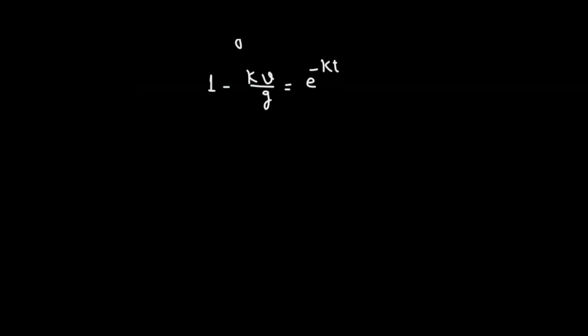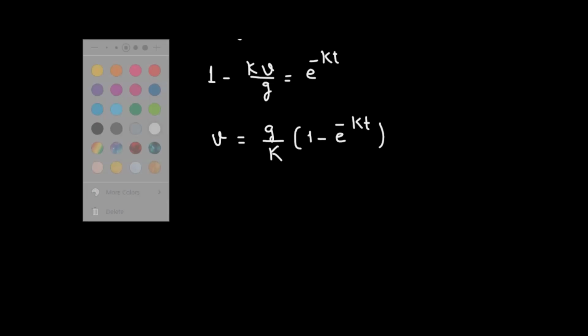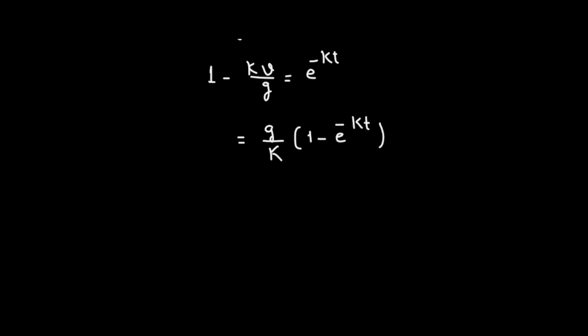Solving for v, velocity, we get v is equal to g over k times 1 minus e raised to the power of negative kt. So we have obtained an expression for velocity, which is a function of time t. So this is a velocity expression.